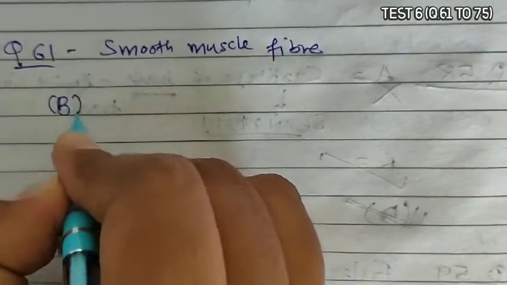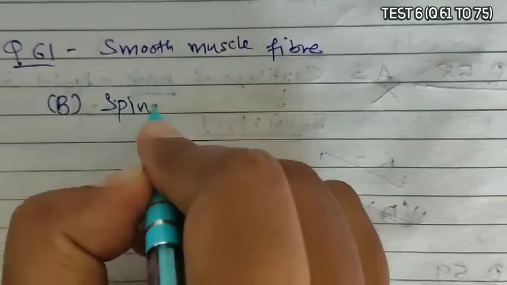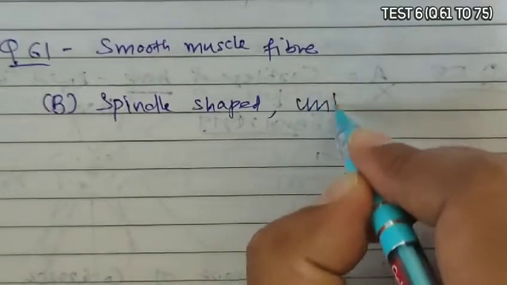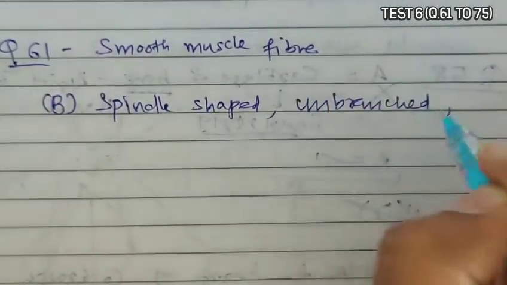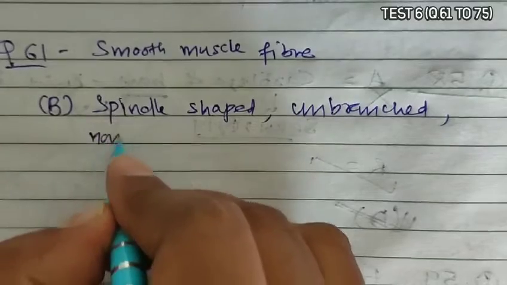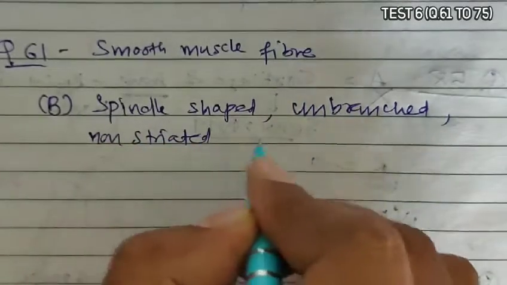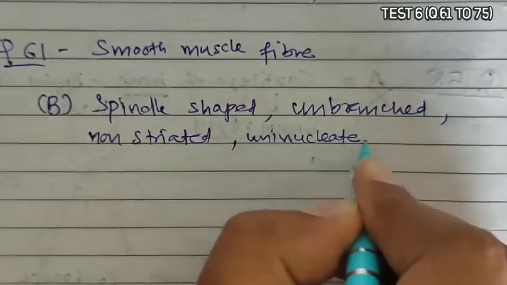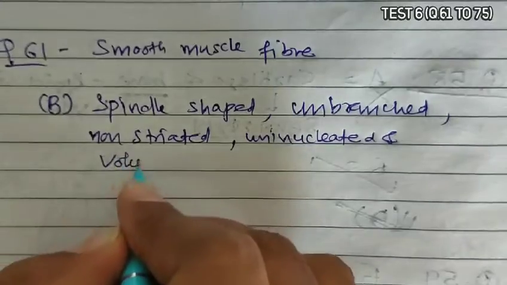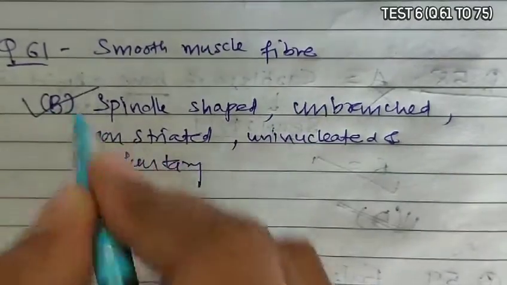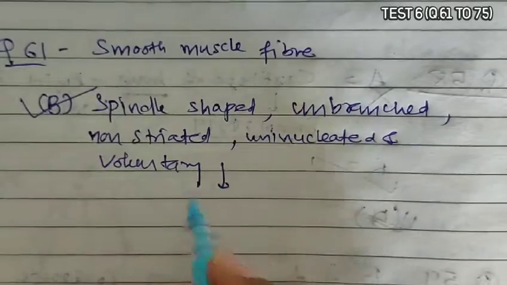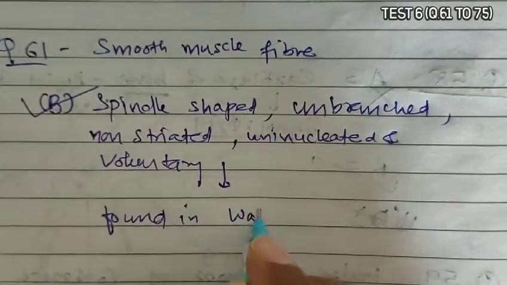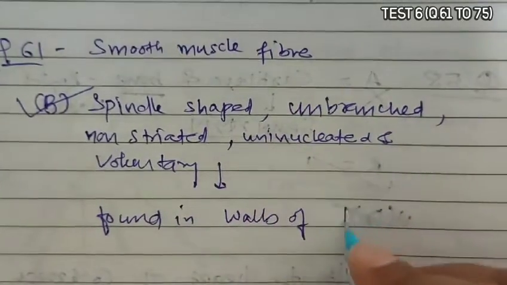It is a direct, fact-based question that you should remember: they are spindle shaped, unbranched, non-striated, uninucleated and involuntary. So option B is correct, and smooth muscle is found in the walls of hollow organs.